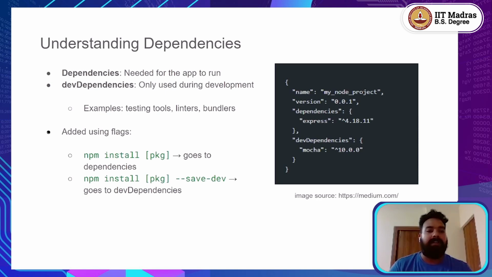They help with tasks like code formatting, linting, unit testing, or bundling your application. When you install a package using npm install, by default it goes into dependencies. If you want something to be marked as a development tool, you add the save-dev flag and npm will place it in the devDependencies within your package.json.